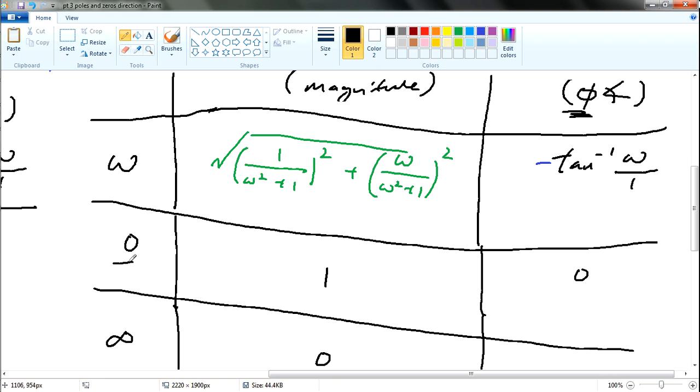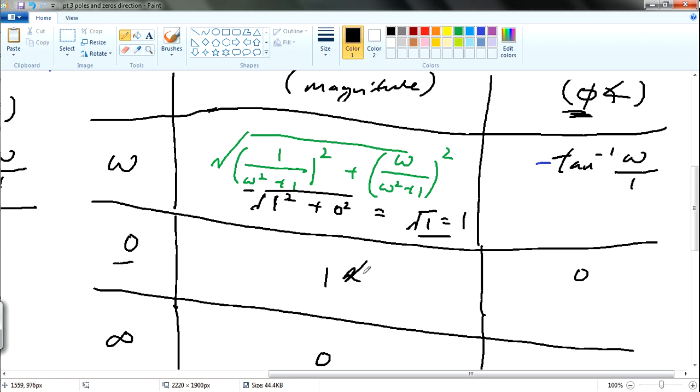If I sub in 0 into this equation, this is 0, and then 1 divided by 1 is 1. 1 plus 0 divided by anything is 0. The square root of 1 is also 1, so therefore we have a 1 over here. In other words, 1 square plus 0 square is equal to 1.